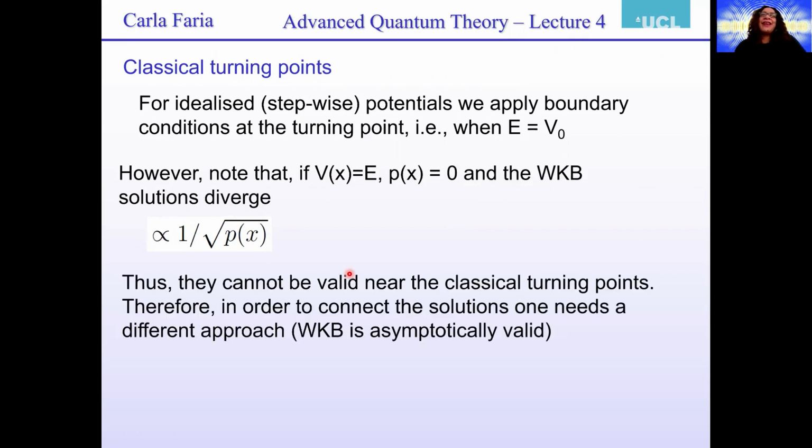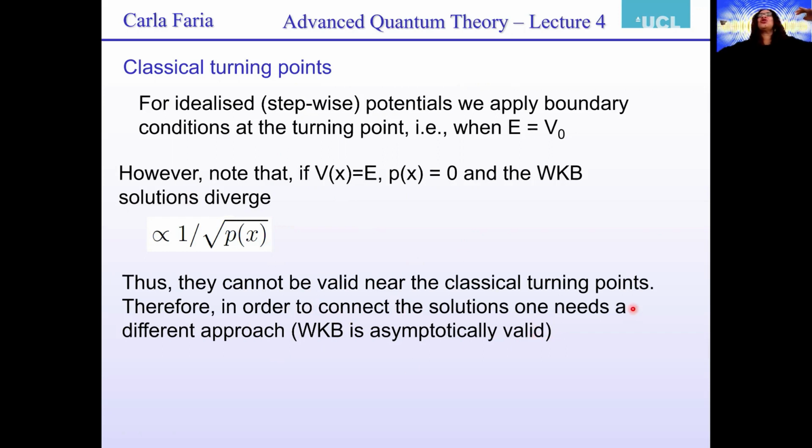Well, the first and key point is that WKB solutions cannot be valid near the classical turning points because they diverge, right? So to connect the solutions, we're going to need a different approach in the vicinity of the turning point, but we need to retain the fact that the WKB is asymptotically valid.